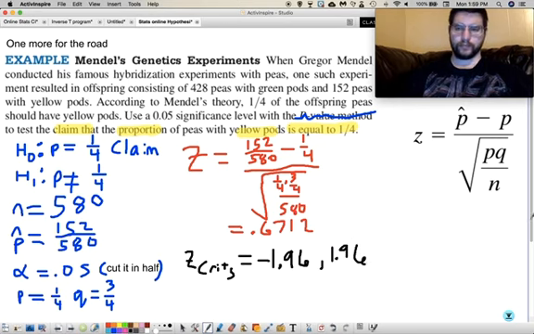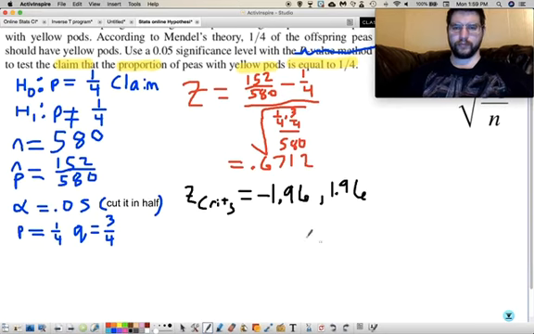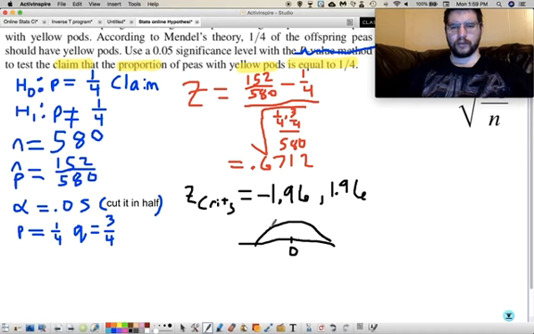Sketch it. Something like that. Here's 0. So I have a two-tail. I'll call this my first Z critical value, negative 1.96. Over here, I'll say this is 1.96. And my critical region, my rejection region, will be outside of those.